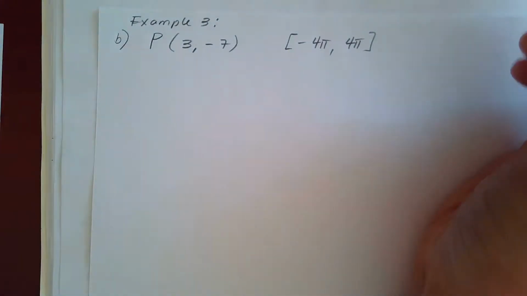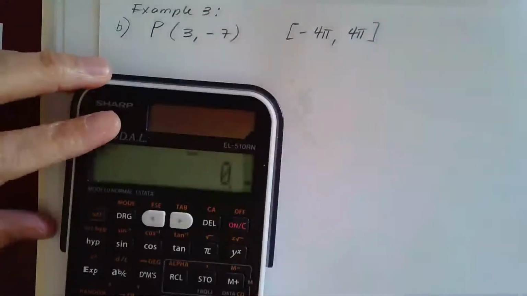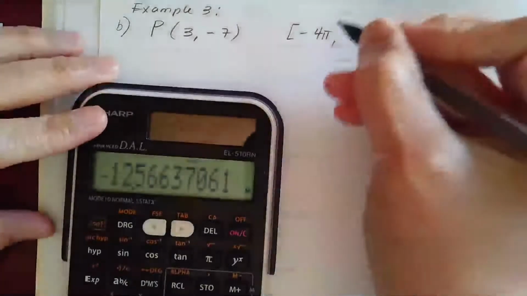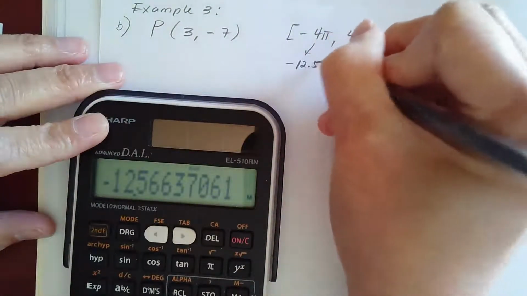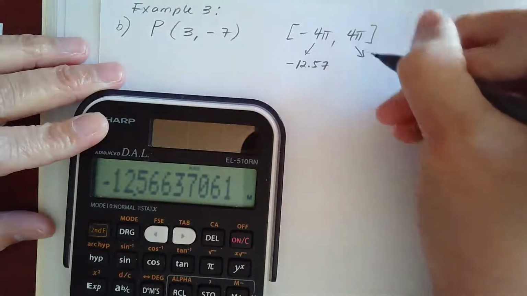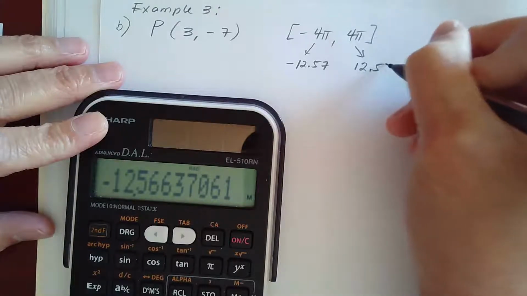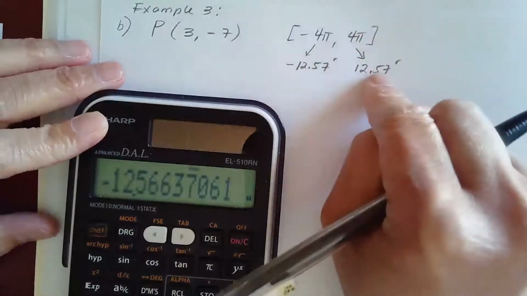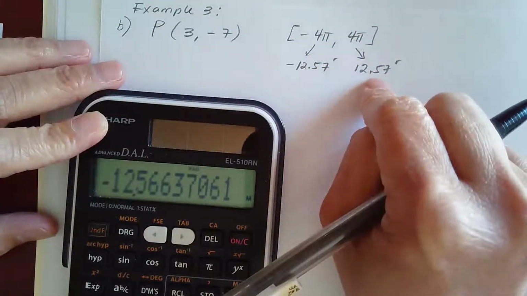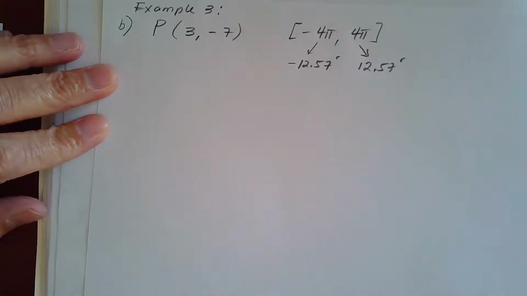So we need to go from -4 pi to positive 4 pi. -4 pi is approximately -12.57, and then positive 4 pi would be positive 12.57 radians. I'm just figuring out the decimal, so I know we're going to end up with the coterminals here or find the coterminal.